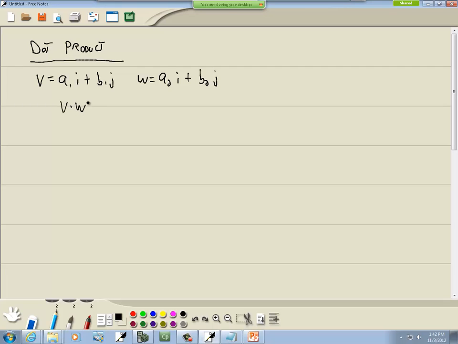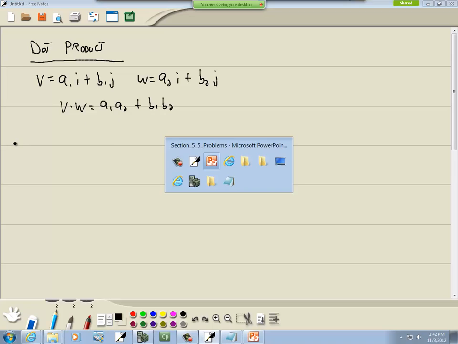Then our dot product is a1 times a2 plus b1 times b2. Now v, w, i, and j are all vectors, and the a1, b1, a2, and b2 are scalars, numbers. So the dot product is a pretty straightforward formula.